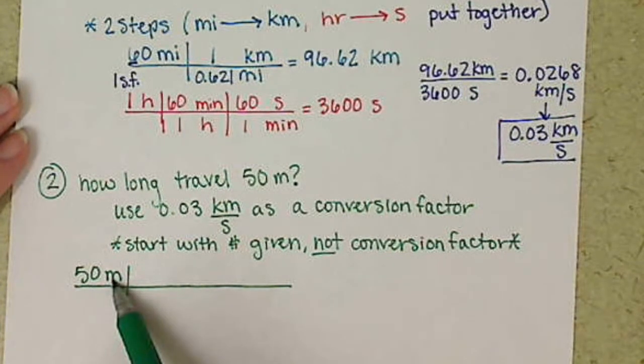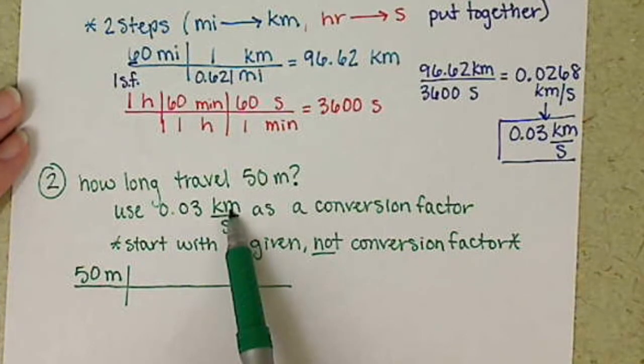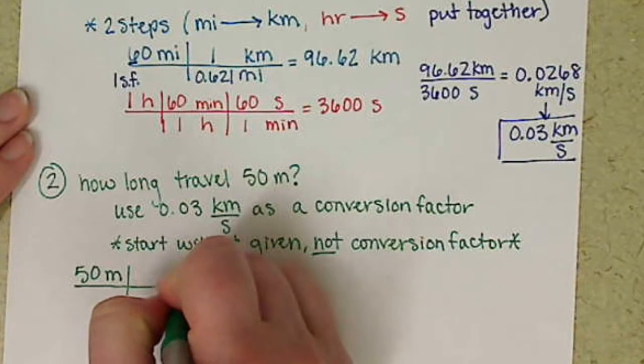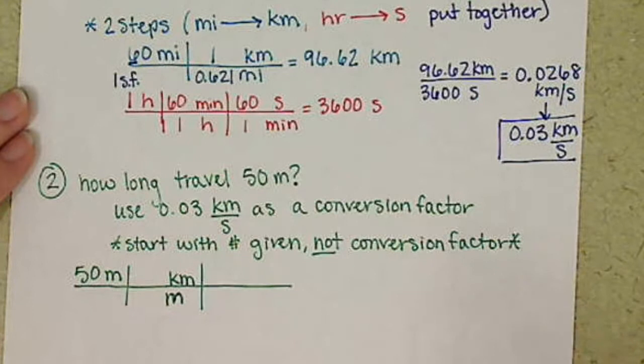Meters is a base unit. Kilometers, we have our prefix plus our base unit. So this is just going to be a metric conversion. So we can convert from meters to kilometers. And remember, when we do this, we want to put the 1 with the prefix.